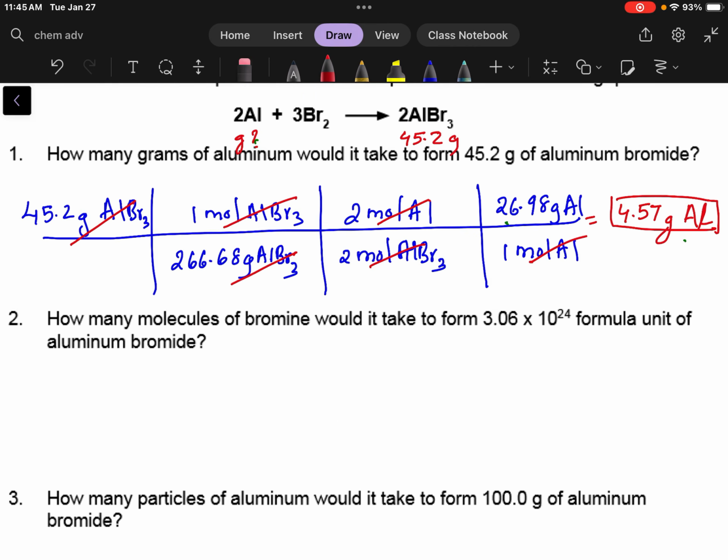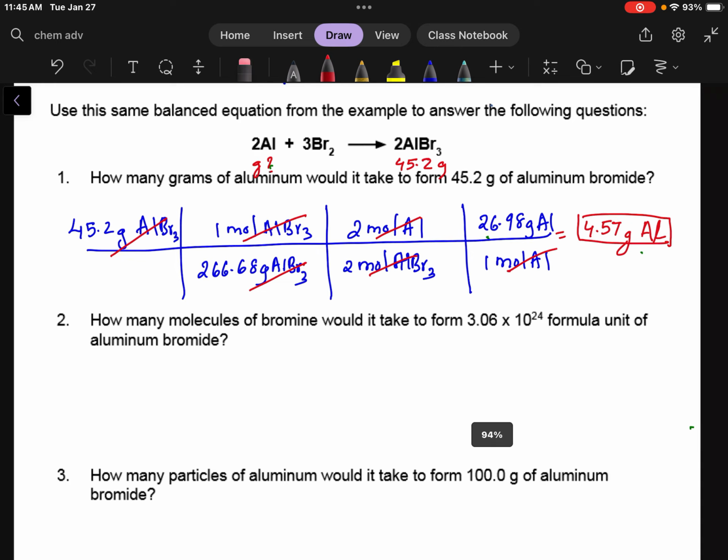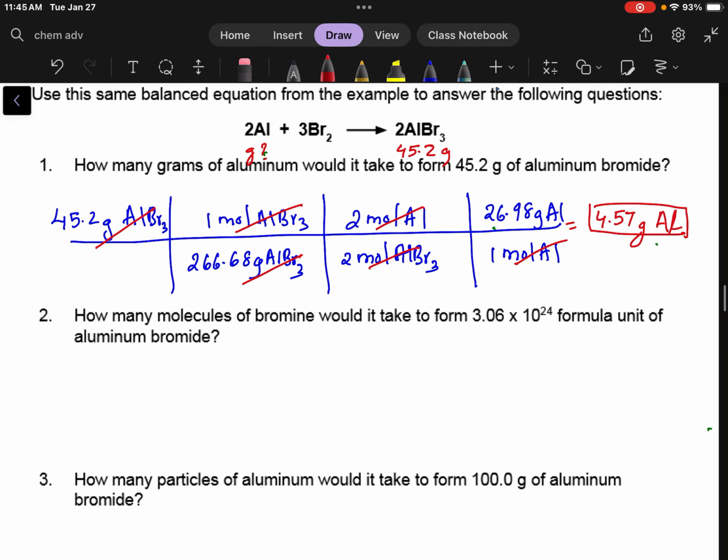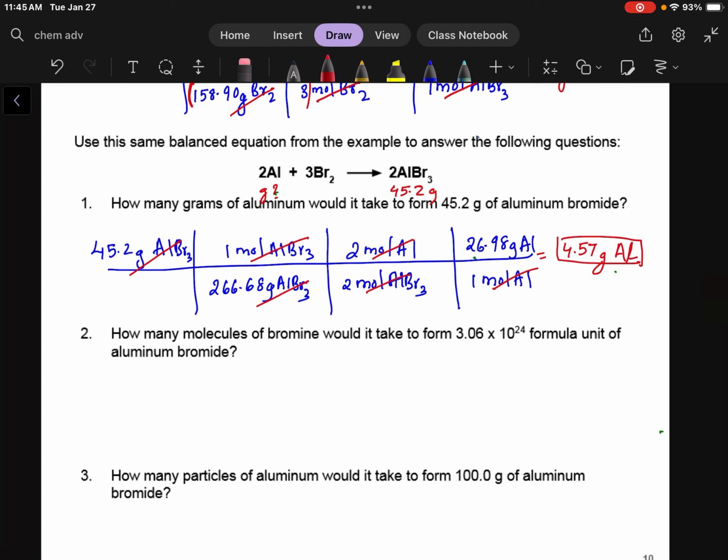Okay, now there is a long one, particles from particles. Let's do that. Start the T chart from the given, which is 3.06 times 10 to the power of 24 formula units of aluminum bromide.